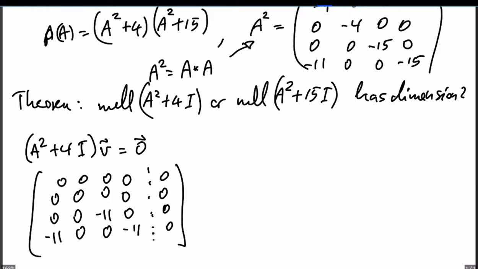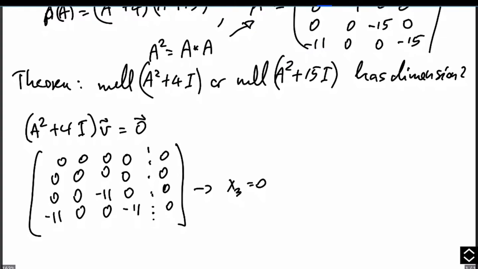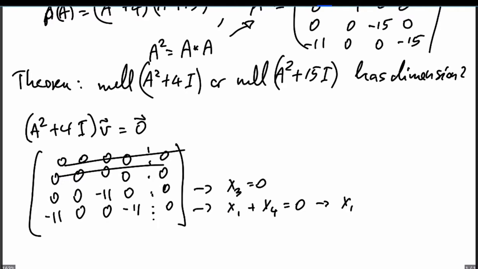So from here we immediately see that this row says that x3 should be 0, and the first two rows say nothing. It's just the trivial 0 equals 0 equation. And the last row says that x1 plus x4 equals 0 if you divide through by minus 11, which means that x1 is minus x4.